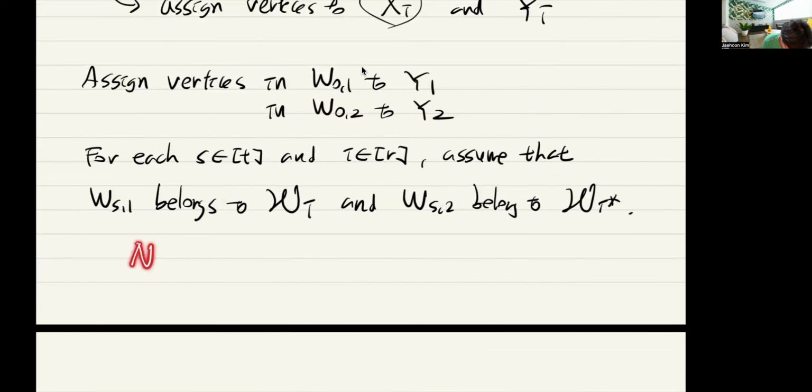And this R has large minimum degree. So in R, you take I and I star, and then you consider their common neighborhood.